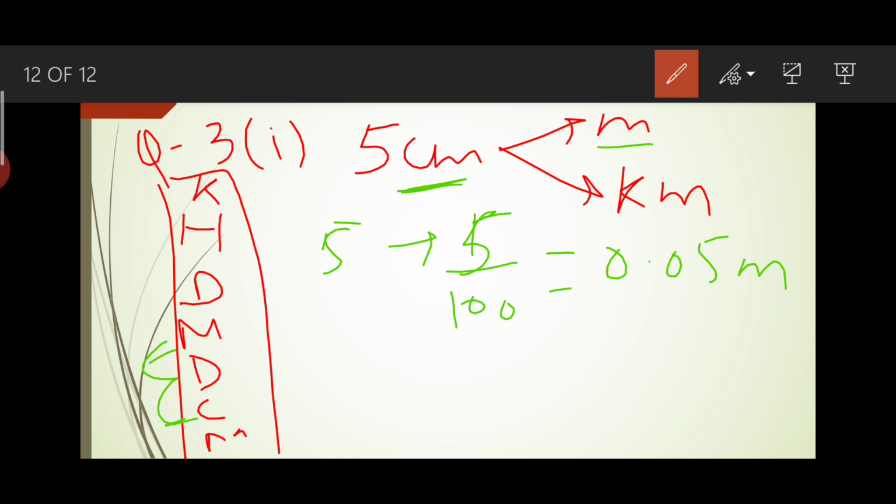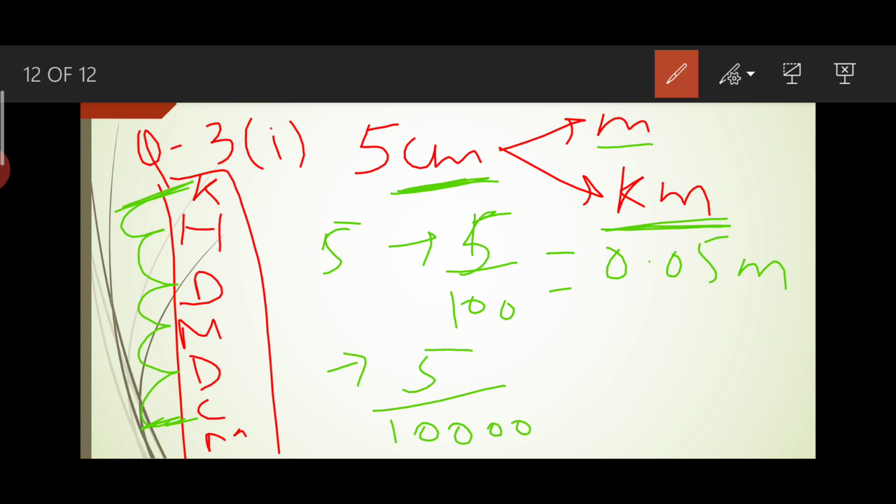Now if you have to convert centimeter to kilometer, then what you have to do? Here it is centimeter, here it is kilometer. 1, 2, 3, 4, 5. So you have to divide this by 100000.